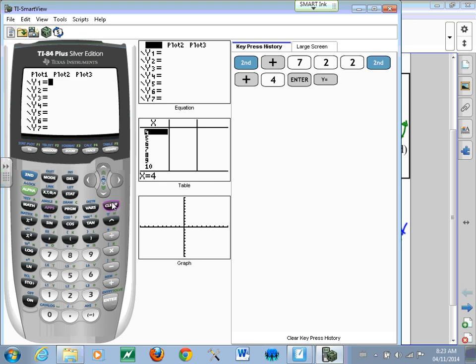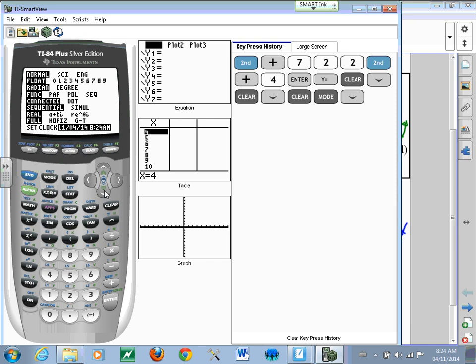If I do, I press clear, down arrow, etc. Then I want to set my mode to 2 decimal places. So mode, go down to float, and over to 2 decimal places. And if you have an Android phone, you can actually get this app for free and do it with me. All right, so I've got that set.